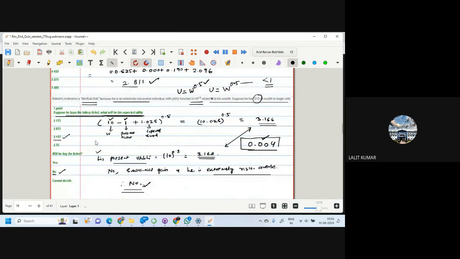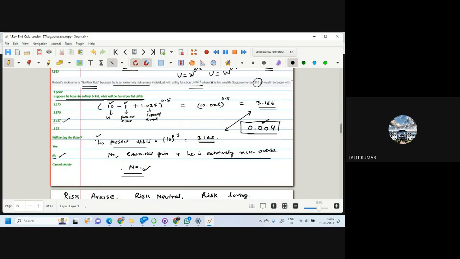So he has got $10. He purchases a ticket for $1, remains with 9, and the expected payoff is 1.025. So this will become 10.025. So his expected utility becomes 10.025 to the power 0.5, which comes to 3.166, which is closer to 3.157 here.